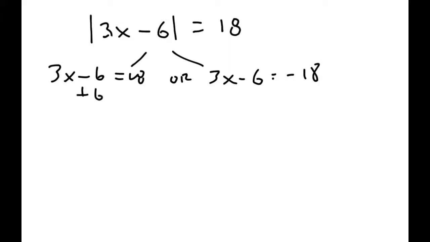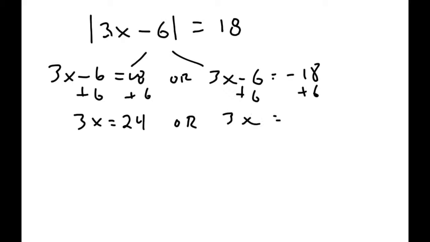Now it's just going to be a two-step equation. I'm going to add 6 on both sides. 3x equals 24. Same thing over here. Add 6 on both sides. 3x equals negative 18 plus 6, negative 12. Divide by 3. Here's my second step. x equals 8.